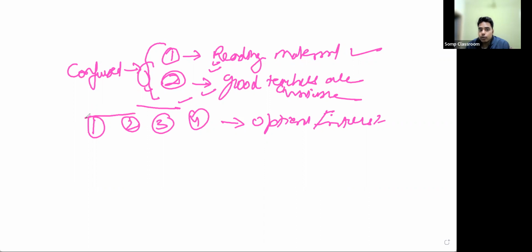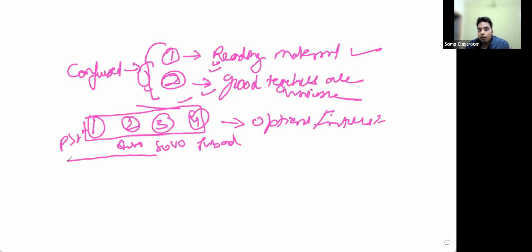But in this situation, how do you select an optional when you have, suppose, PSIR, Anthro, Socio, and PubAd? Suppose we have these 4 optionals. Fine. Now to select, we will be following a certain standard.